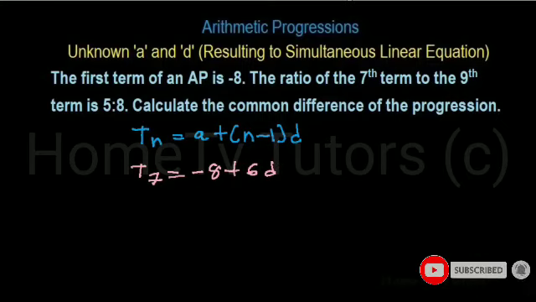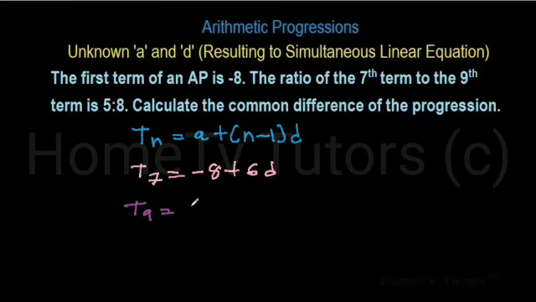Next we go over to the 9th term. The 9th term T9 equals the first term, given as minus 8. 9 minus 1 is 8, 8 times D, that gives us 8D. The question is very specific that the ratio of the 7th term to the 9th term is 5 to 8.